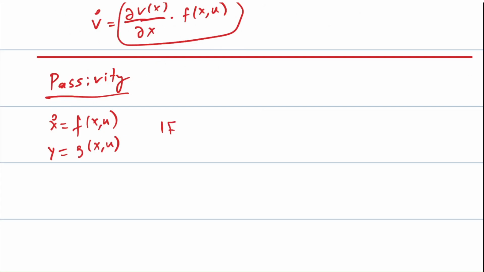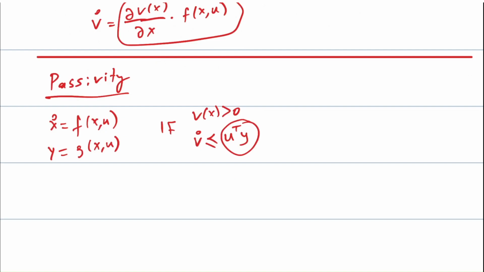Again, if V of x is positive, and also V dot is less than or equal to u transpose y. Again, this is a supply rate function, but it has a special form. It is not just any q.